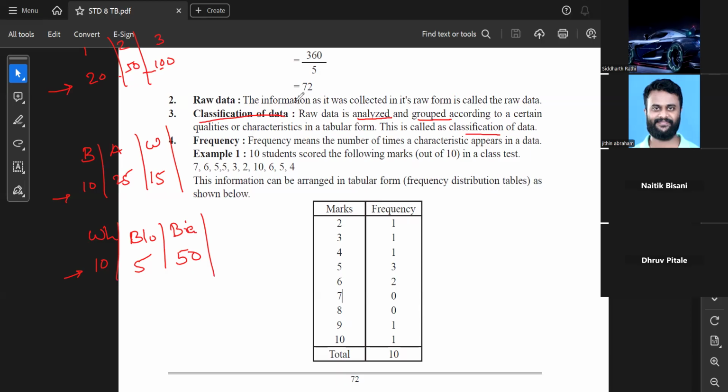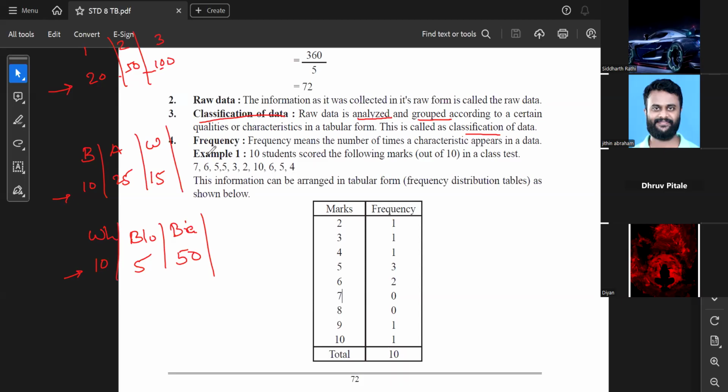Yes, Siddharth, what is your query? I think you have raised your hand. Yes, sir. I have a doubt. Sir, in the table which is given in the example, in statistics, when we write frequency, we draw those bars to represent frequency, right?